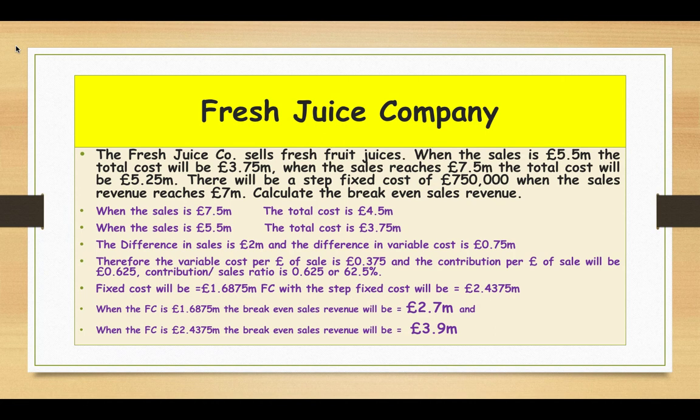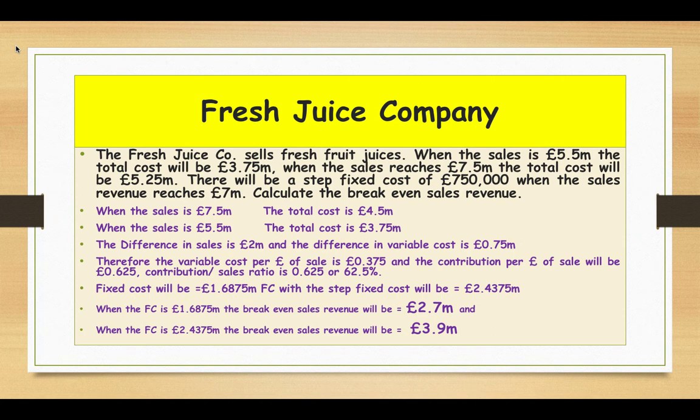So if you know the variable cost per pound of sale, you can calculate the contribution per pound of sale. In order to calculate the variable cost per pound of sale, we need to use the high and low method. When you do the high and low method, you mustn't forget to deduct the step fixed cost, which is included in the 5.25 million total cost. Okay, and we need to assume there is no step fixed cost. So we'll do the high and low method now.